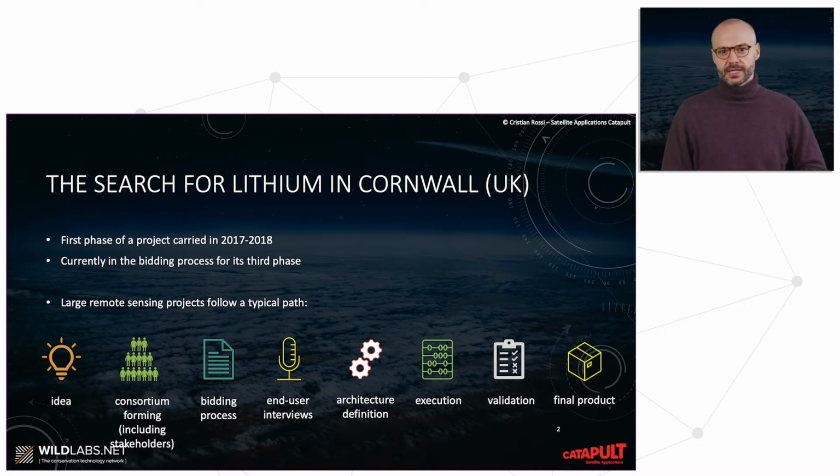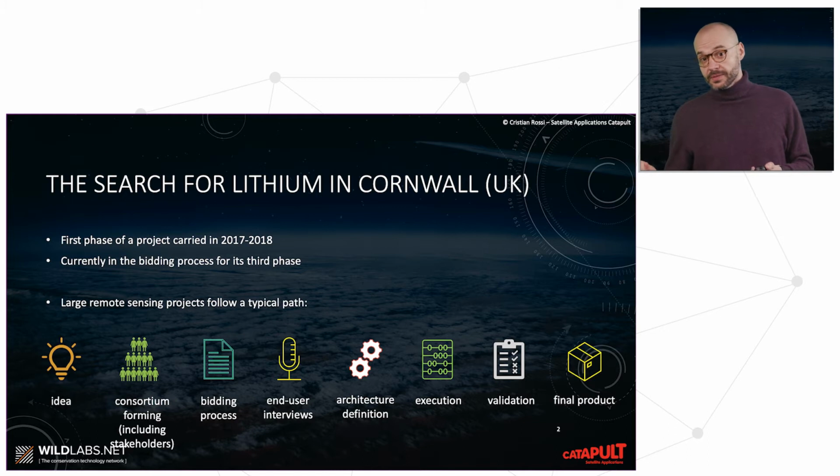Once the project is awarded, typically there could be end user interviews where the problem is studied a bit more in detail, and a complete understanding is gained. This brings to the remote sensing part, which is the architecture definition, where the architecture of the project, such as how we use remote sensing data, is defined.